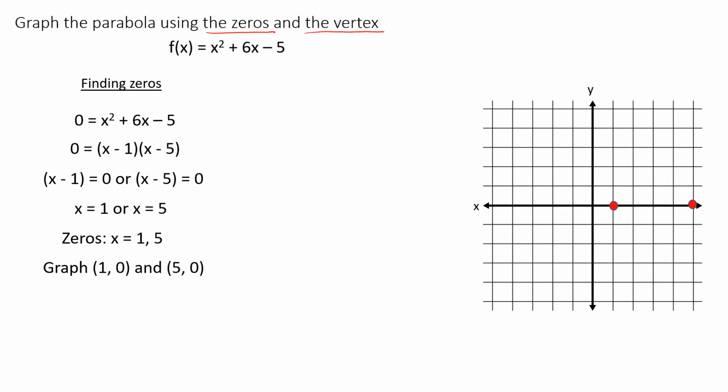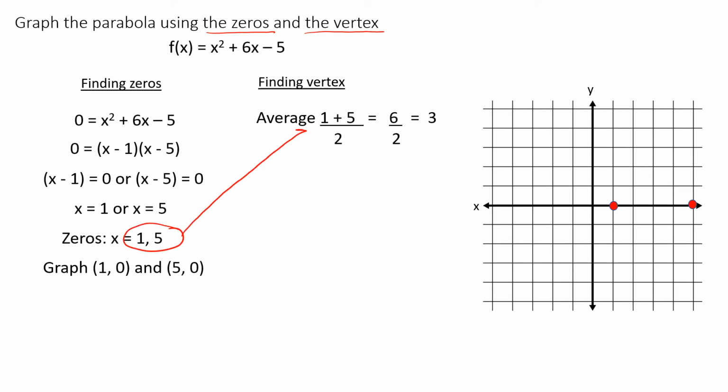Then it says graph, also finding the vertex. You've got to find the vertex. That's that minimum point. Well, how can I find the vertex? I can find it by taking the zeros and taking the average, and I end up with 3. So that tells me that 3 is going to be the x value of my coordinate.